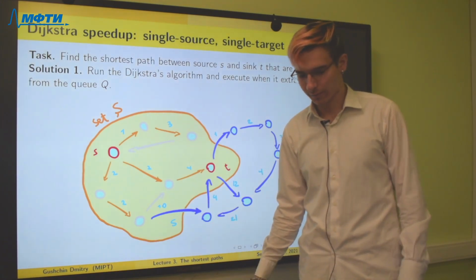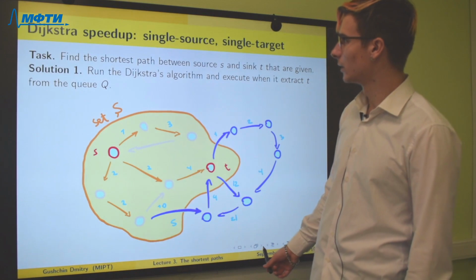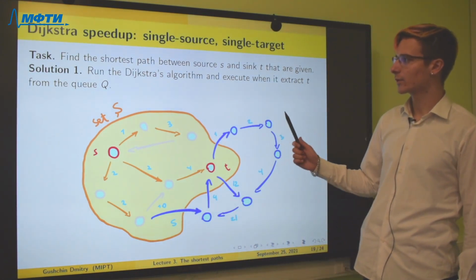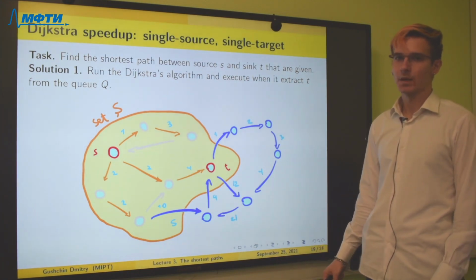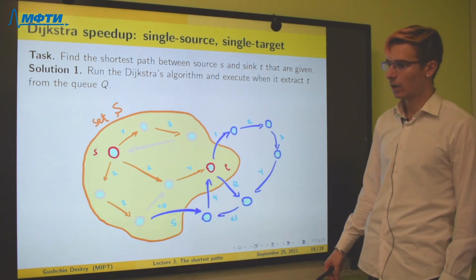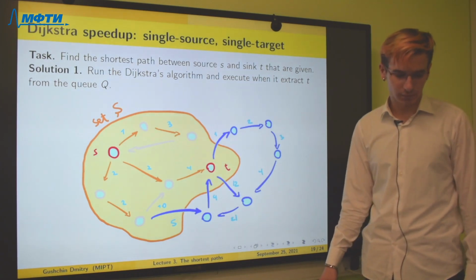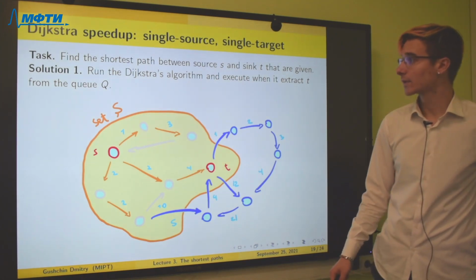So another problem that we want to solve is to find the shortest path between two vertices, source and sink, in the graph. How can we solve this task?